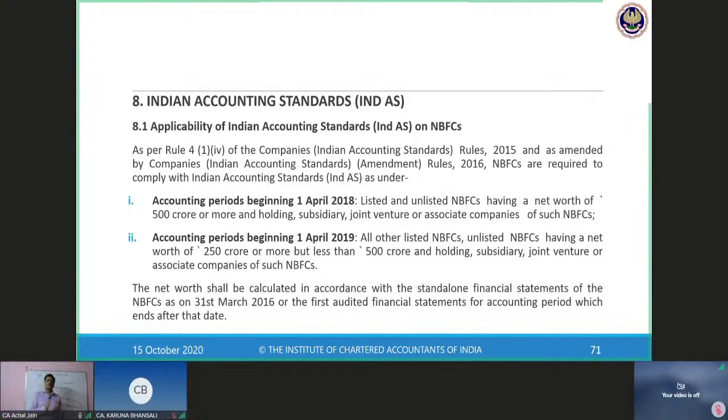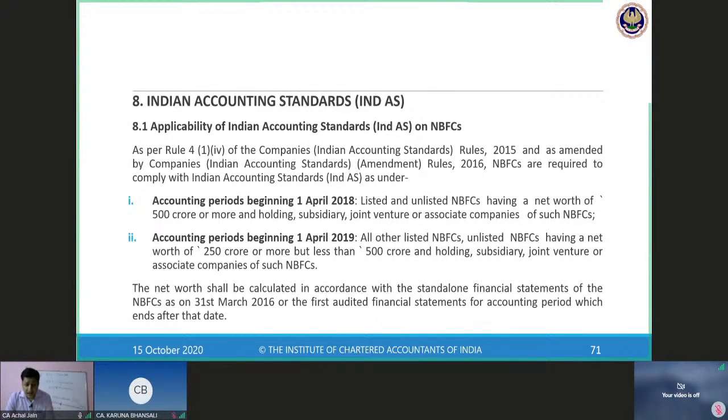were also covered in phase 2. Third, there was a listing criteria which said that if there is any listed NBFC, irrespective of its net worth, if that listed NBFC did not get covered in phase 1, then it will automatically get covered in phase 2, irrespective of the net worth.